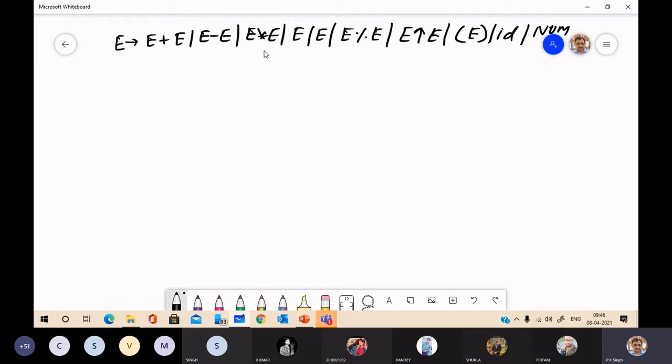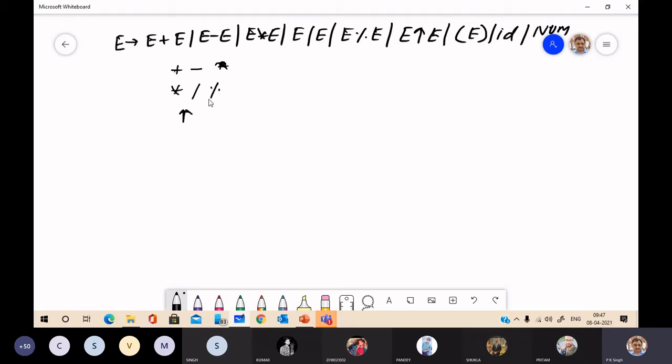In this grammar we have used several operators: plus, minus, asterisk, division, mod, and the power operator.